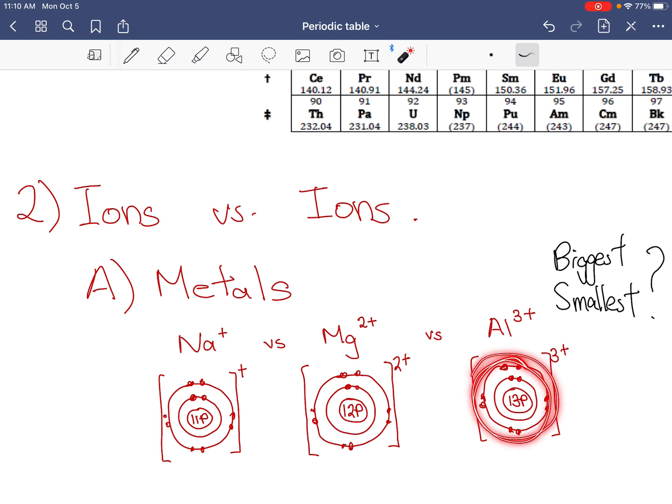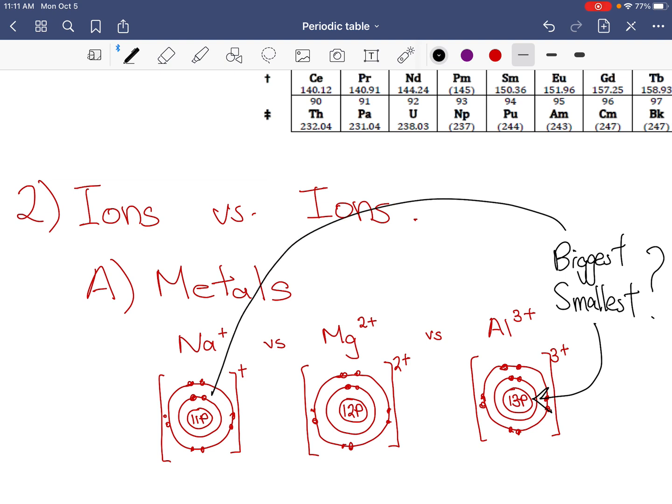Electron-electron repulsion is the same between the 3, but this one having a stronger nucleus will attract these electrons a whole lot more inwards. So the smallest will be this one right here, which means the biggest will be this one right here.